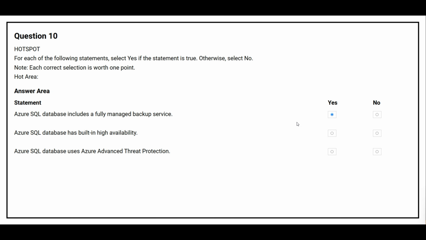The second statement is, Azure SQL Database has built-in high availability. The correct answer is yes. The third statement is, Azure SQL Database uses Azure Advanced Threat Protection. The correct answer is yes.